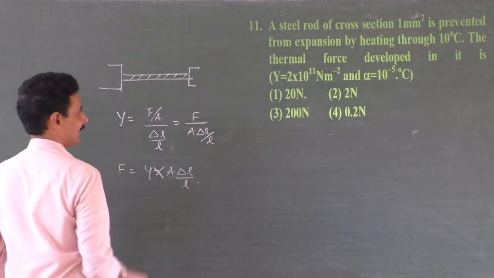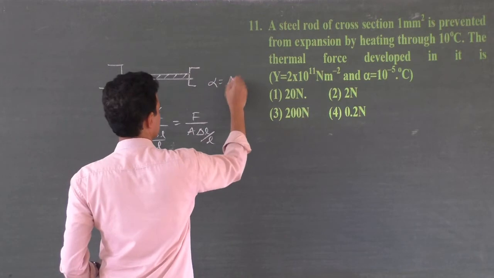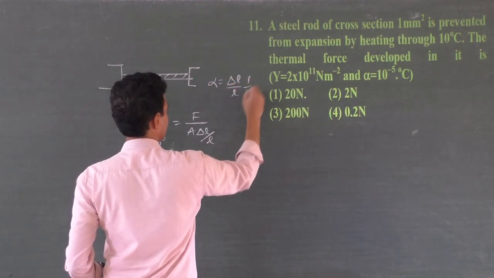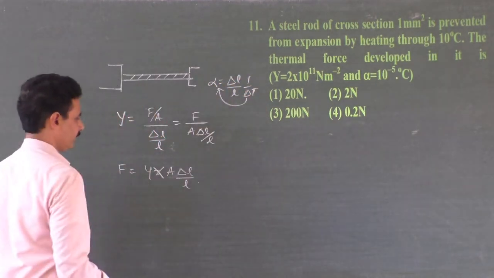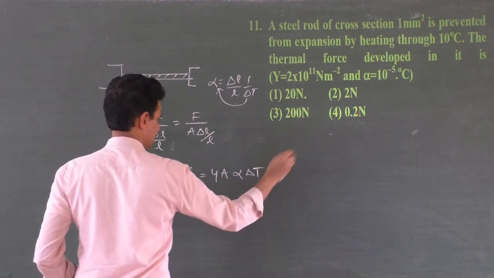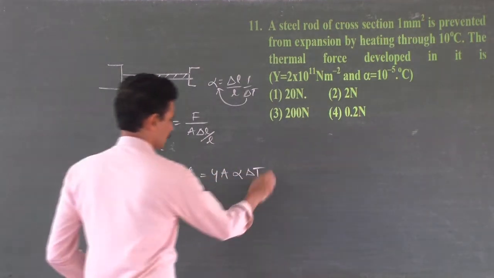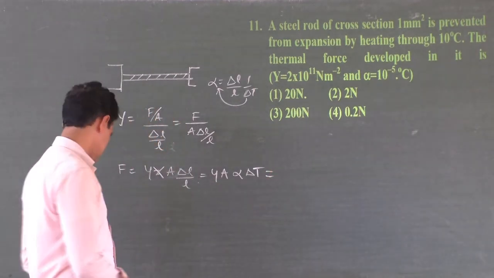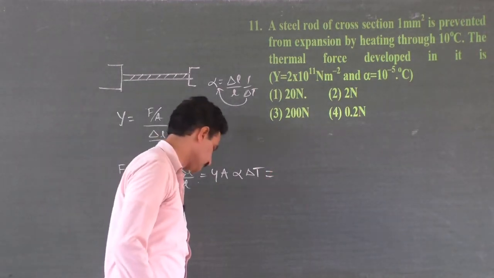But you know what delta L by L is? Alpha is equal to delta L by L into 1 by delta T. Bring this here: alpha into delta T. So F is Y A alpha delta T. Directly you can substitute Y A alpha delta T. So what is the answer now?